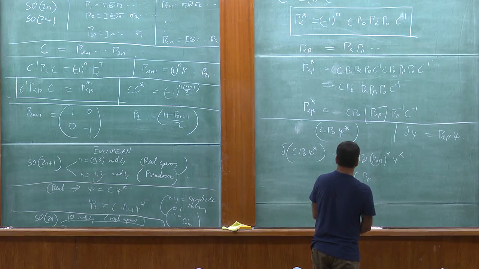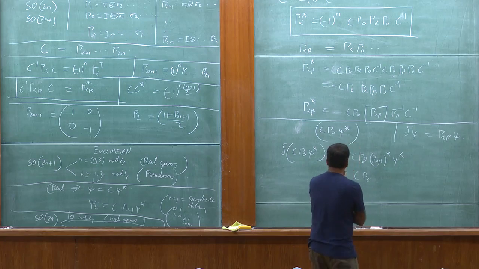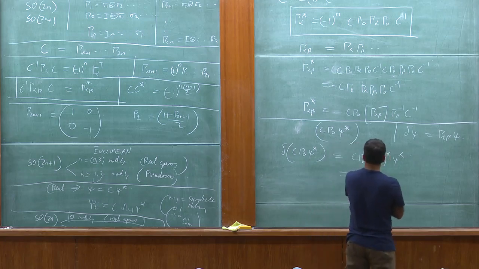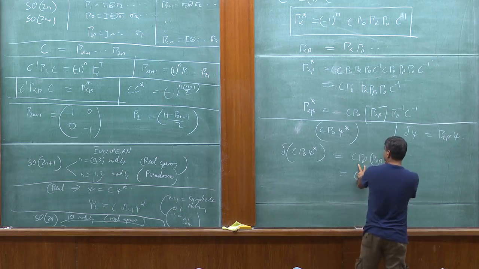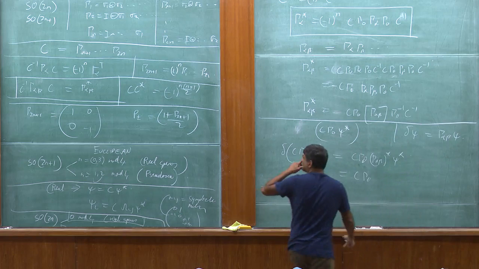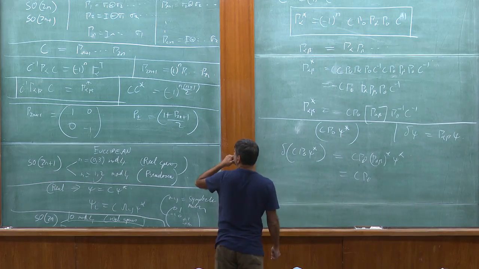Wait, it's a bit odd. Can we put C gamma 0 on the right side of psi star? We can, but what did we do last time? We did C psi star, right? How did it work last time?